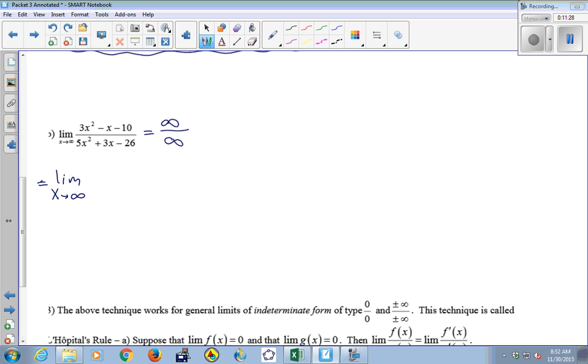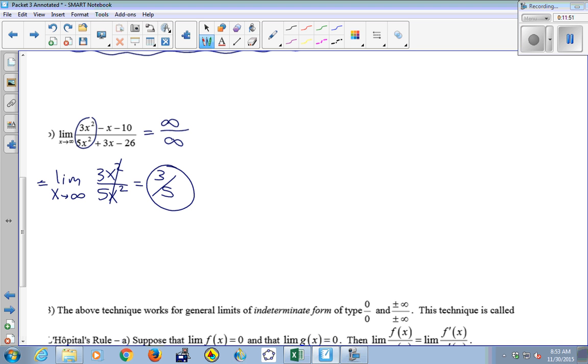So when x is really, really big, the only thing that matters are the leading terms in terms of what happens in the end behavior, right? Because x is really, really big. So I can just say 3x squared over 5x squared. You can cancel the x squareds and you get 3/5 is your limit.